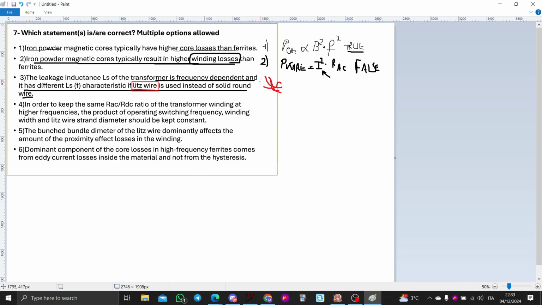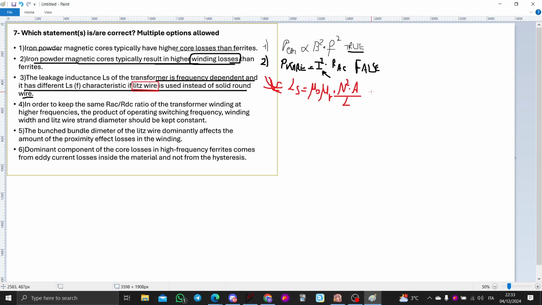So the leakage inductance is frequency dependent. It is true, because the leakage inductance has an equation like mu0 mu r times n squared times h, the area, over L, times some factor like 1 minus k, where k of f is a frequency dependent design parameter.